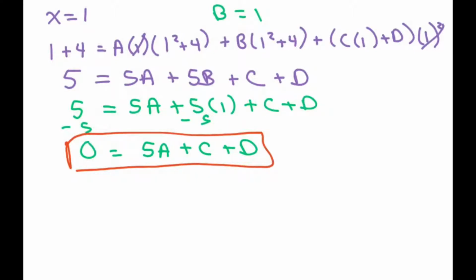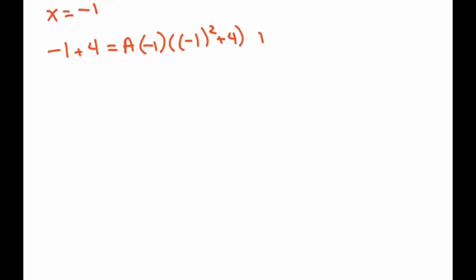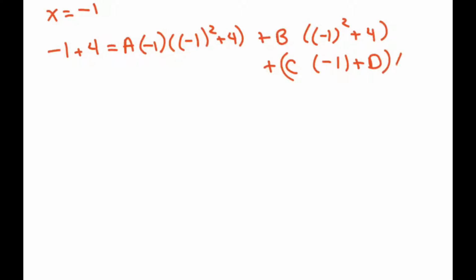So we're going to use this in our system of linear equations in a minute. Now, the next one, I'll choose x equals -1. So let's plug that in. -1 plus 4 equals A times -1 times -1 squared plus 4. Then plus B times -1 squared plus 4. Then plus C times -1 plus D times -1 squared. So let's see what happens here.